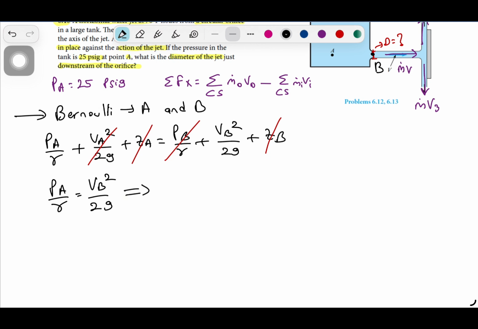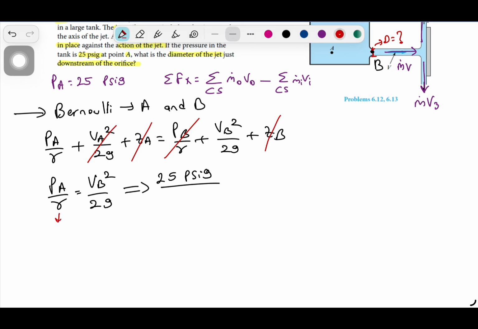So PA is 25 psig and specific weight is, sorry. So we can actually here use this as rho g, and we also have g. So this will cancel each other out. So we will have PA over rho.